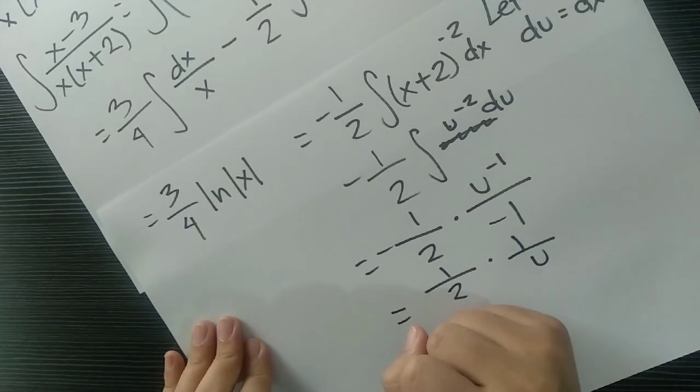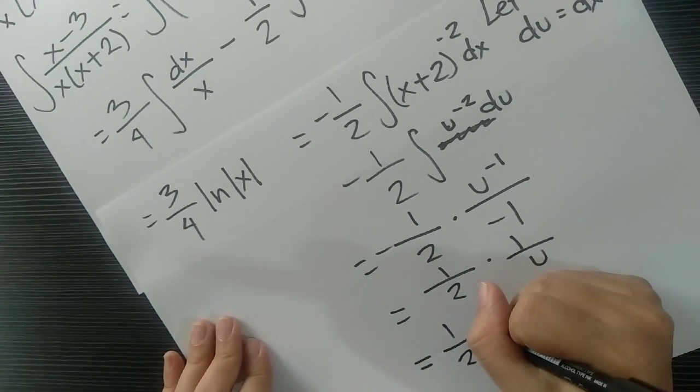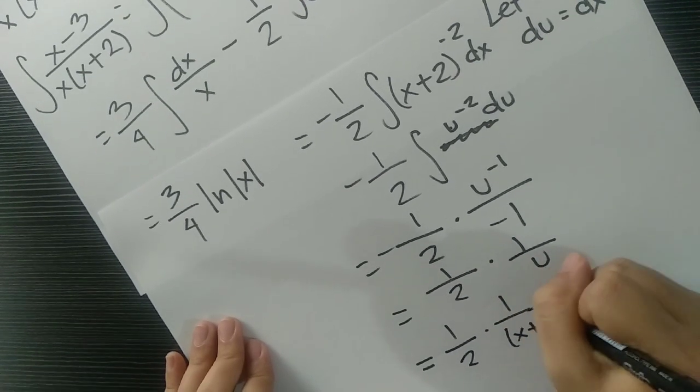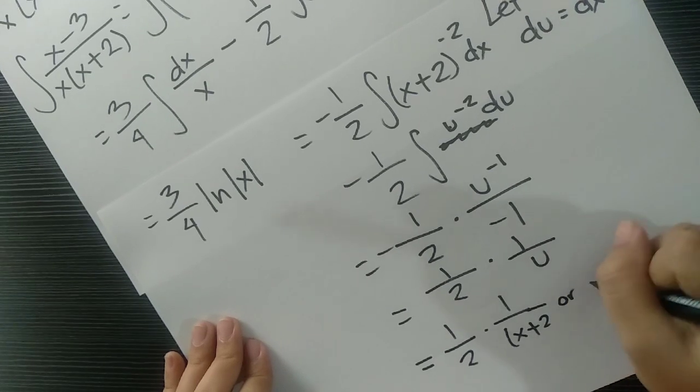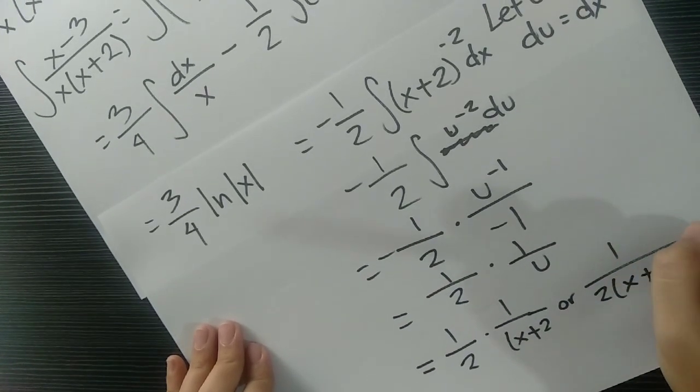So we'll get 1/2 times 1 over (x + 2), or 1 over 2 times (x + 2).